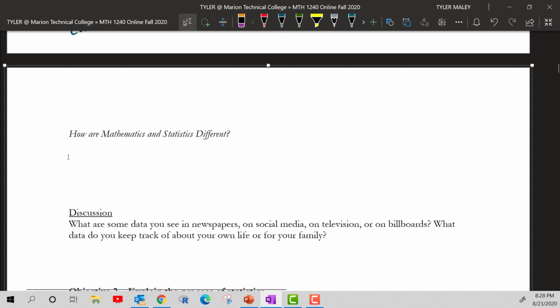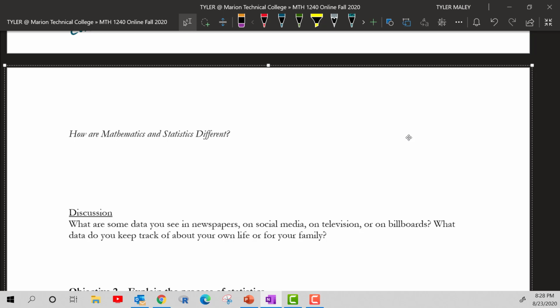Another thing I want to talk about is how mathematics and statistics are different. A lot of people maybe think they're similar, and they are in some ways. Statistics uses the language of mathematics, but statistics is big enough to be a field in itself.